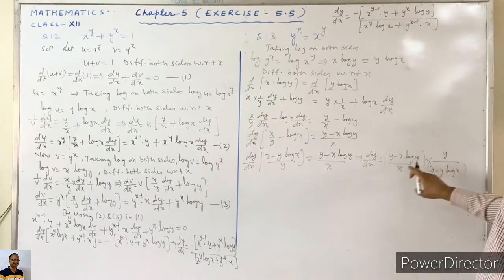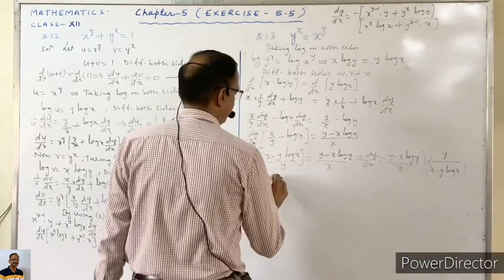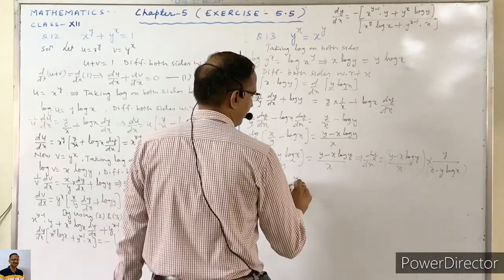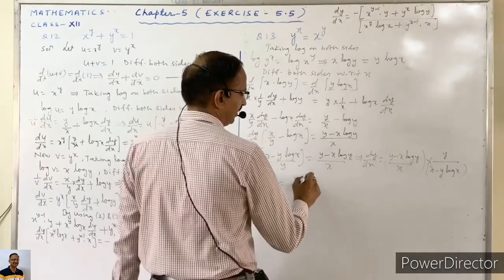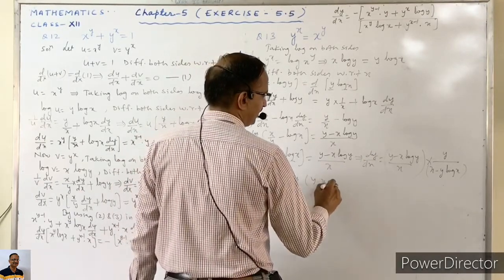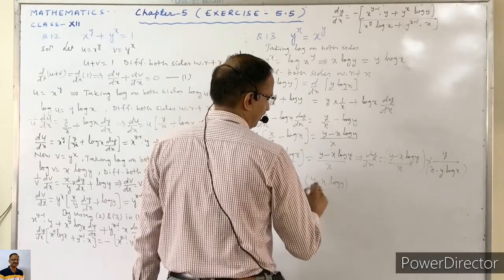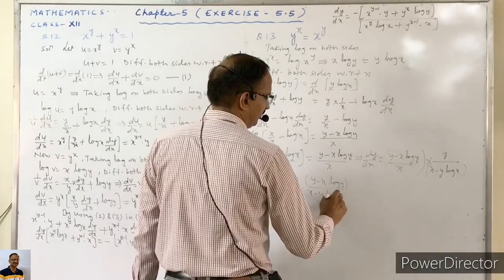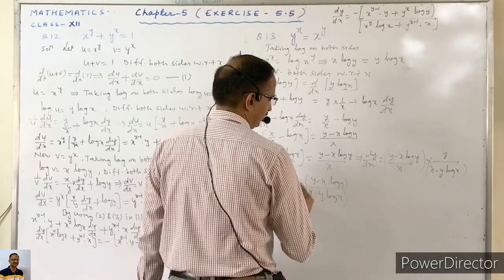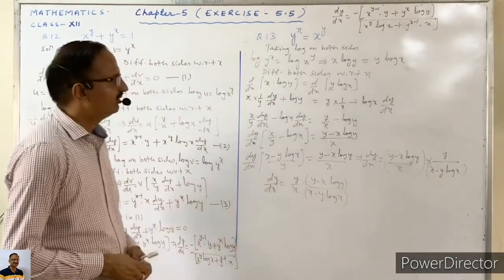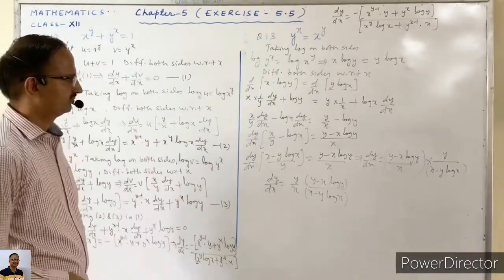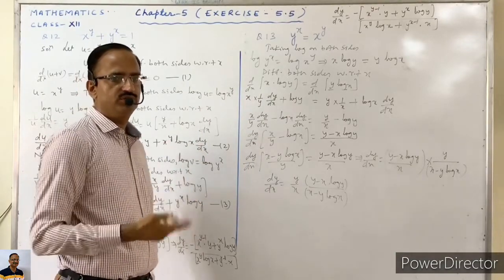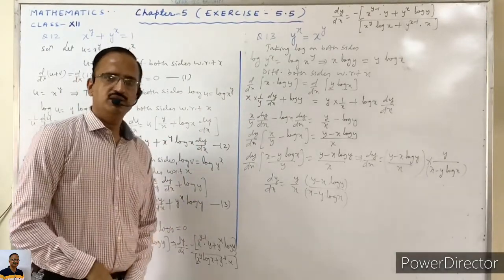Now we have y by x, so dy by dx is y by x in numerator. This is y minus x log y. In denominator we have x minus y log x. So this is the derivative of the given function. So in this way, according to the situation, we will use the logarithm and solve the problem.